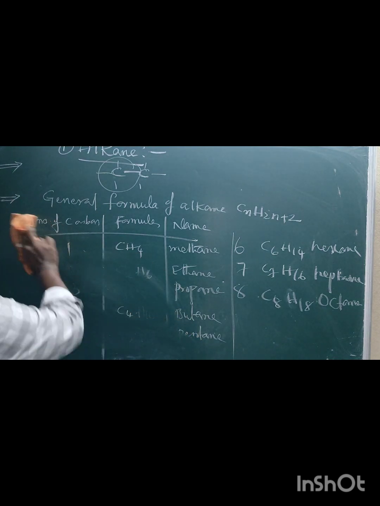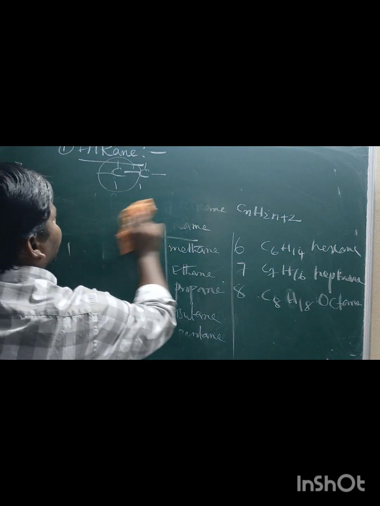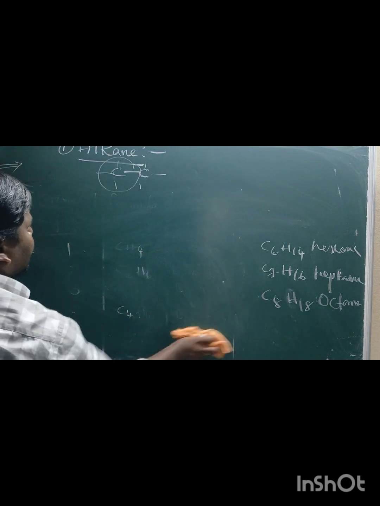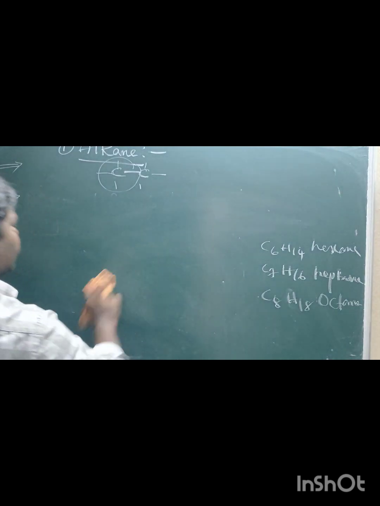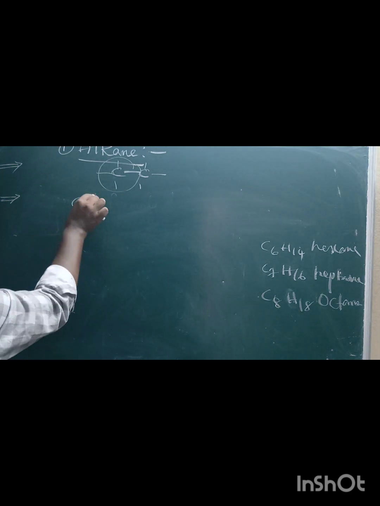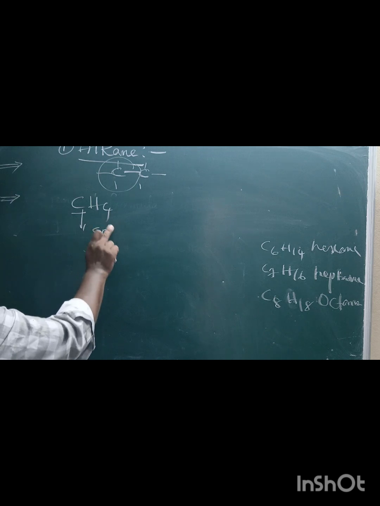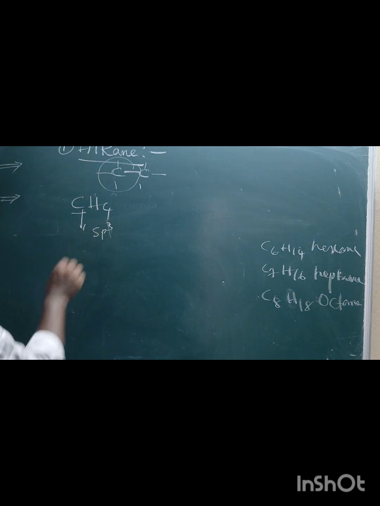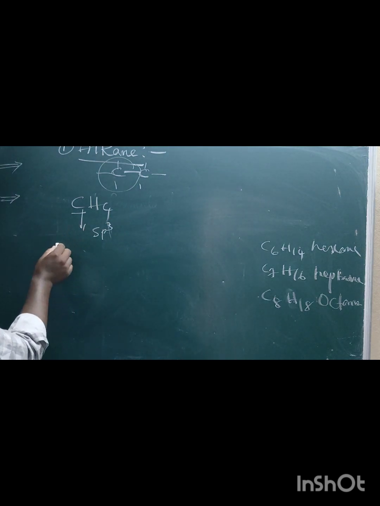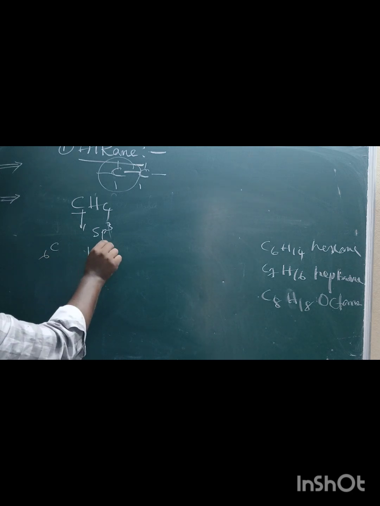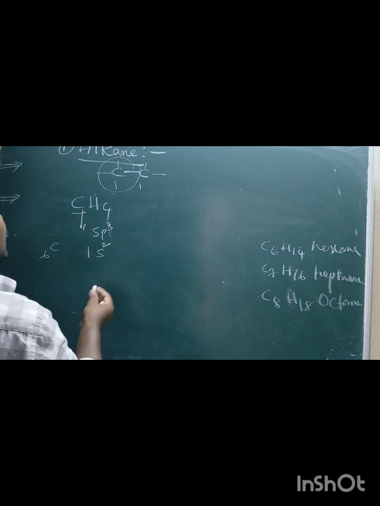Okay, in alkanes the carbon undergoes sp3 hybridization. For example, I am taking the simplest hydrocarbon, methane. In this methane molecule, the central atom is carbon. It undergoes sp3 hybridization. How does sp3 hybridization form? The atomic number of carbon is 6. The electronic configuration of carbon is 1s2, 2s2, 2p2.